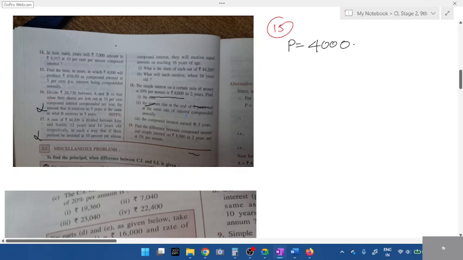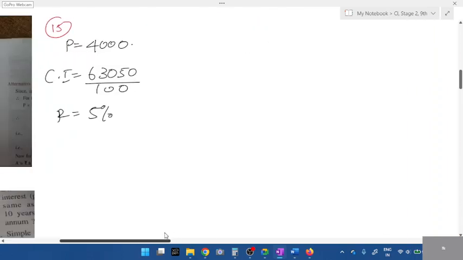Will produce 630.5 as what? Amount or compound interest? So 630.50, can I write like this? Rate is equal to 5%.